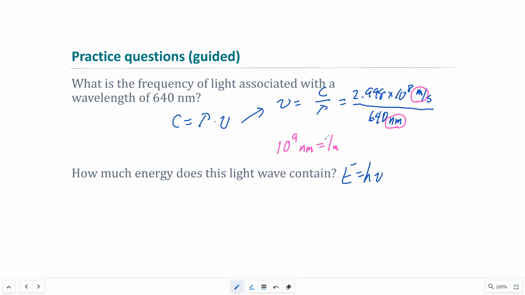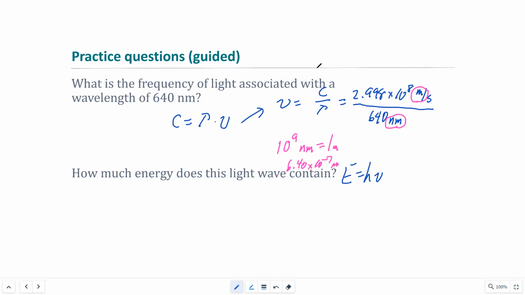So if we take this number and divide it by 1 billion, we would get the number in meters. And if we did that, we would get 6.40 times 10 to the negative 7th meters as a result.